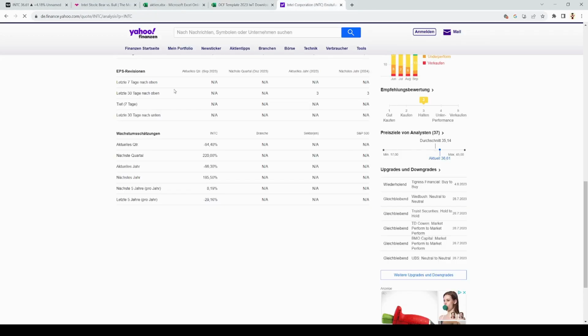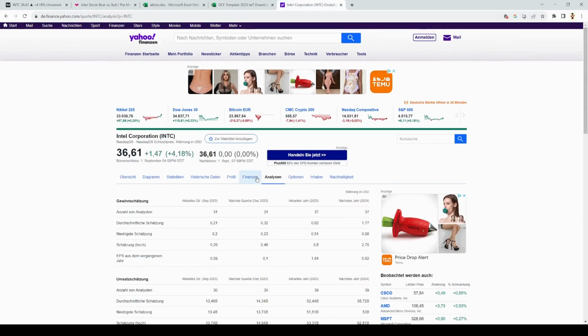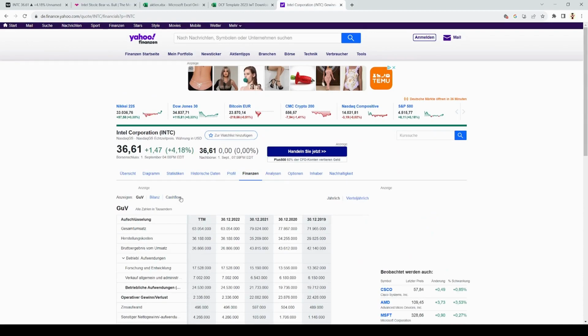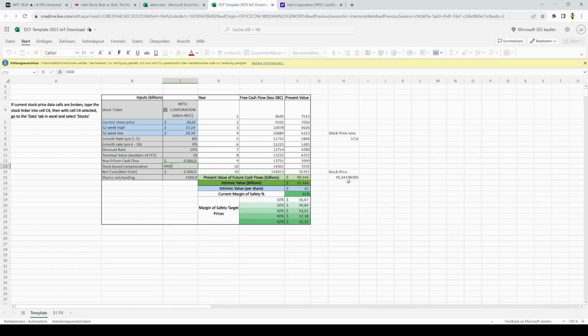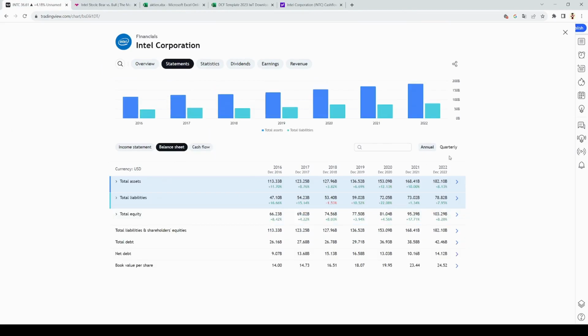Stock-based compensation is around 3 billion, 30% of the free cash flow. Debt is minus 14 billion.